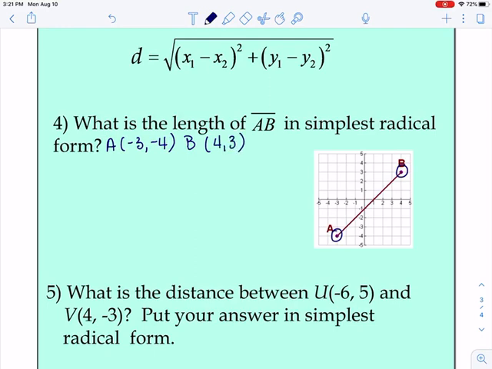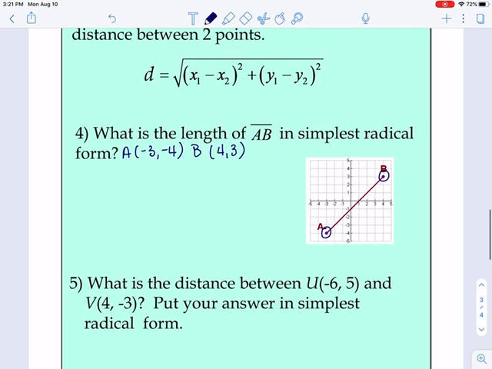Again, just because of space, I am not going to rewrite the distance formula, but you do need to memorize that formula. So every time you use it, you should rewrite it, because the more times that you rewrite it, the more likely you are to remember it. So distance, again, it's x1 minus x2, y1 minus y2.